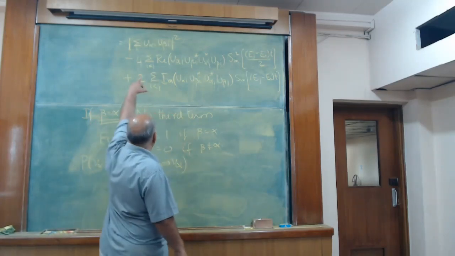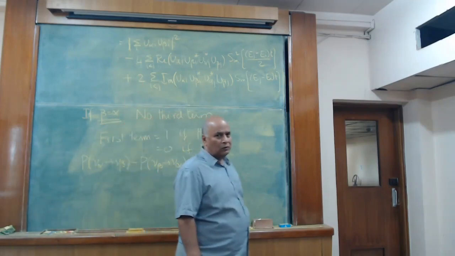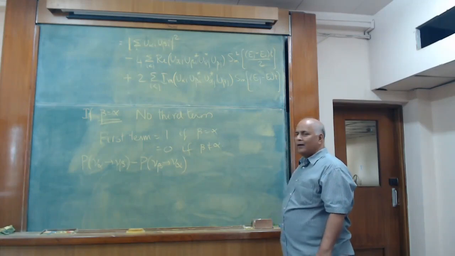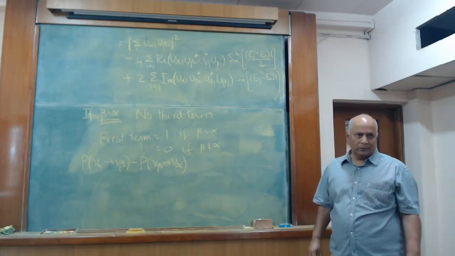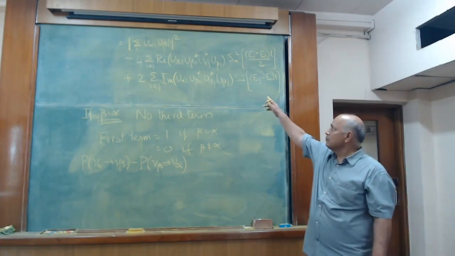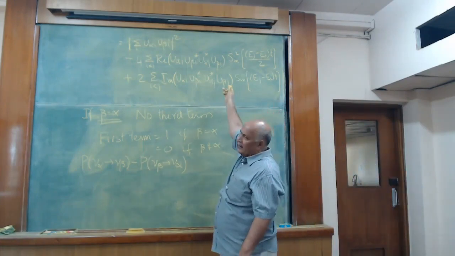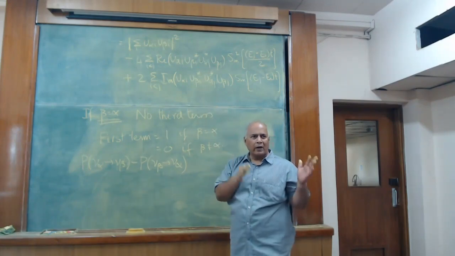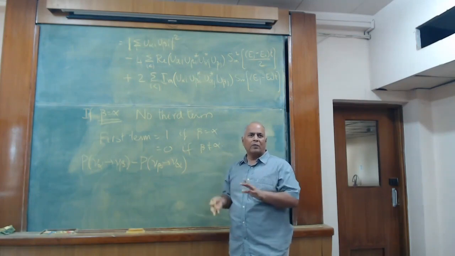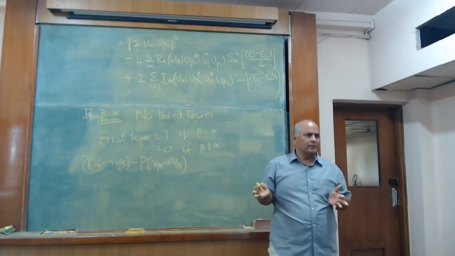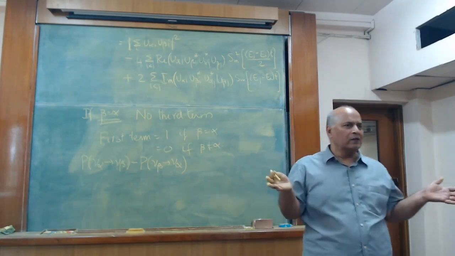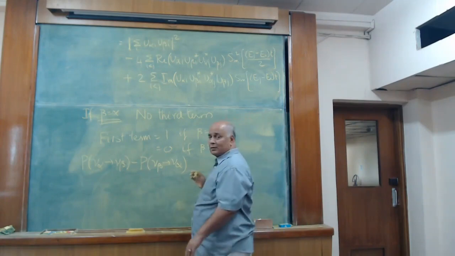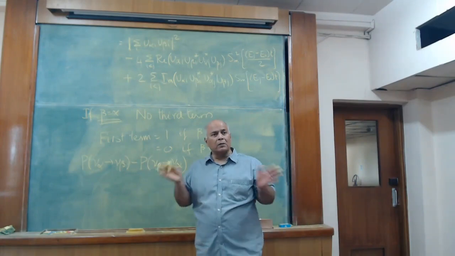So if beta is not equal to alpha, the first term is 0. And you see that the second term is the same for both, because if I exchange beta and alpha, whatever product I had originally, I get the complex conjugate of that. And real parts of complex conjugates are the same. So the second term cancels, but the third term adds.